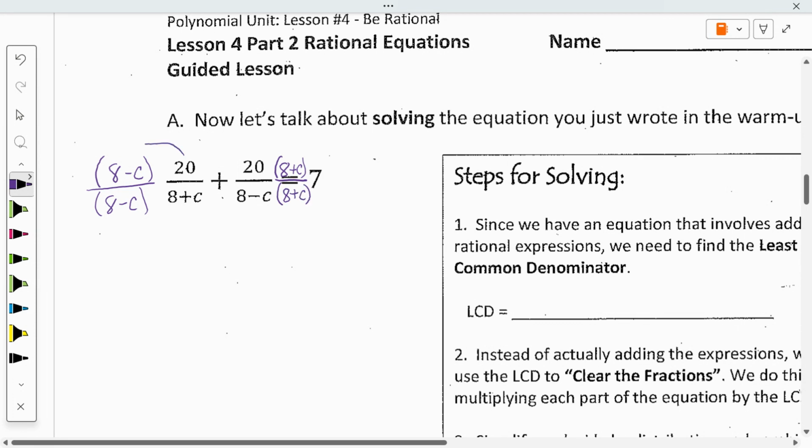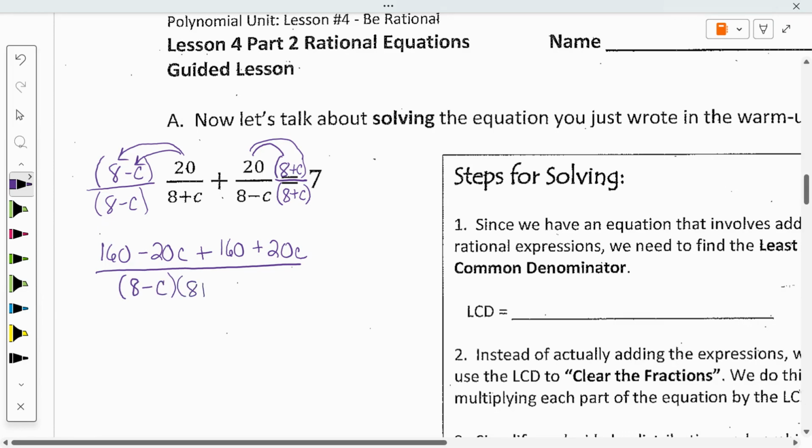Okay, let's see. 20 times 8, well, that's 160. 20 times negative c, well, that's negative 20c, plus 20 times 8, that's 160. And 20 times a positive c, that's a positive 20c. Over, I'm just leaving it just like this, 8 minus c over 8 plus c.